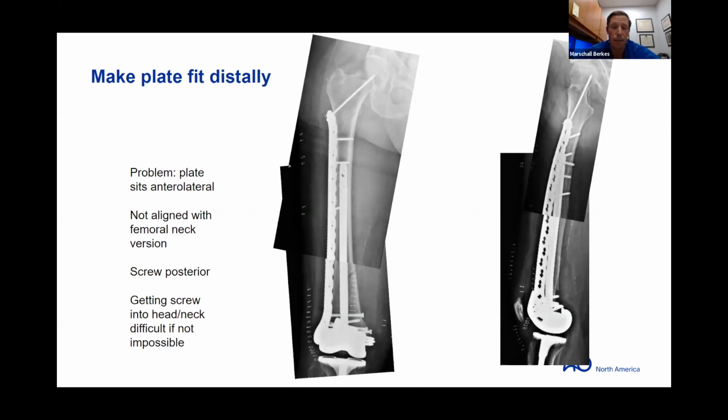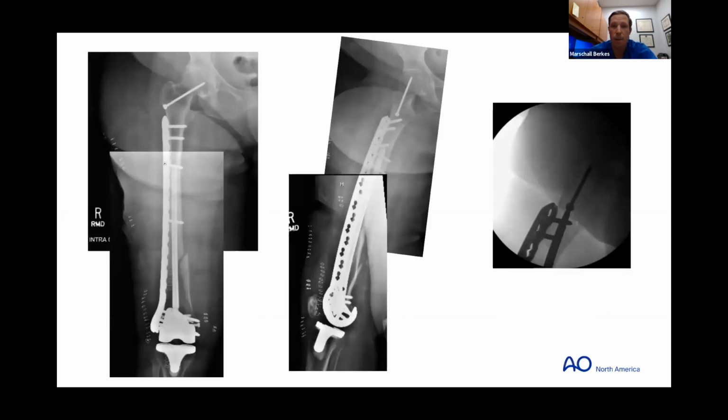And so if you're trying to perform neck fixation, and that's a whole other conversation if that actually does anything or not, it becomes pretty difficult to get screws up into the head and neck that are in line with the axis of the neck, just because of the location of that plate, which is a little bit anterior. And sometimes it can be just straight up impossible because of the location of the plate, the patient's anatomy, their version, and all that stuff. So just some things to think about.